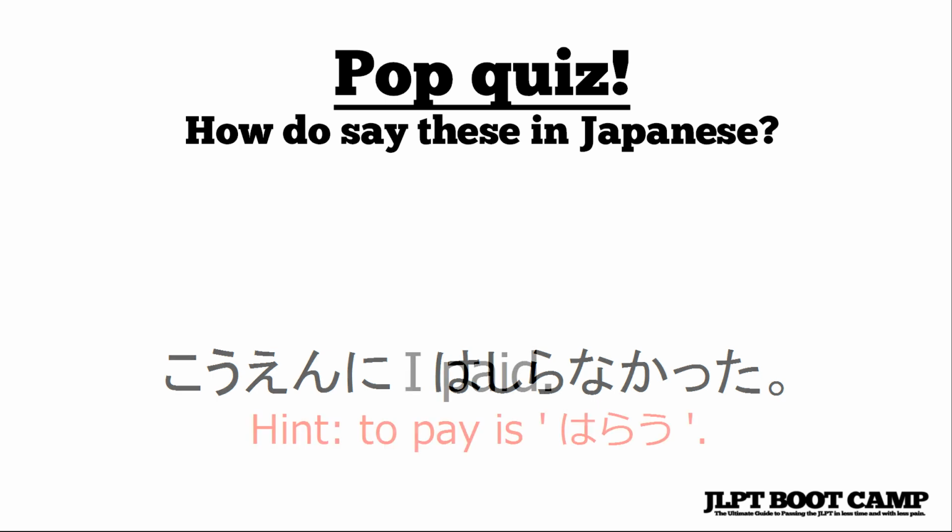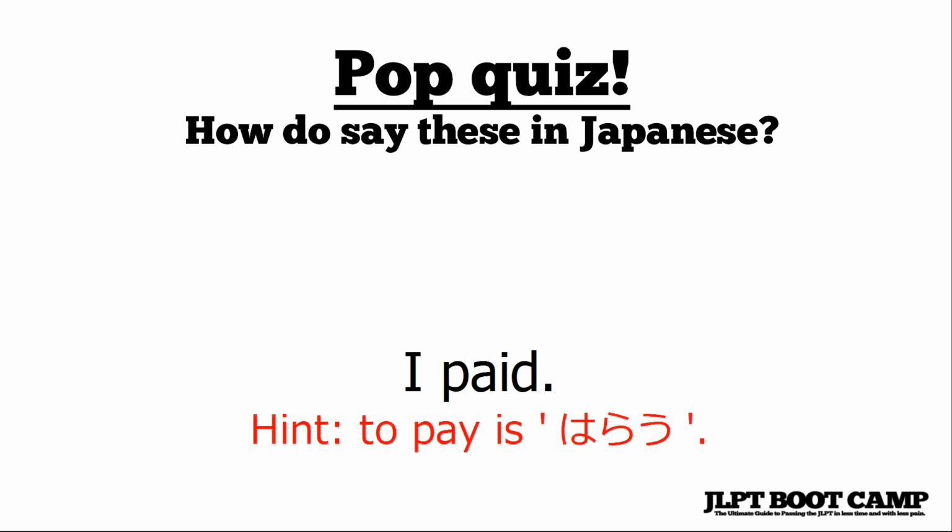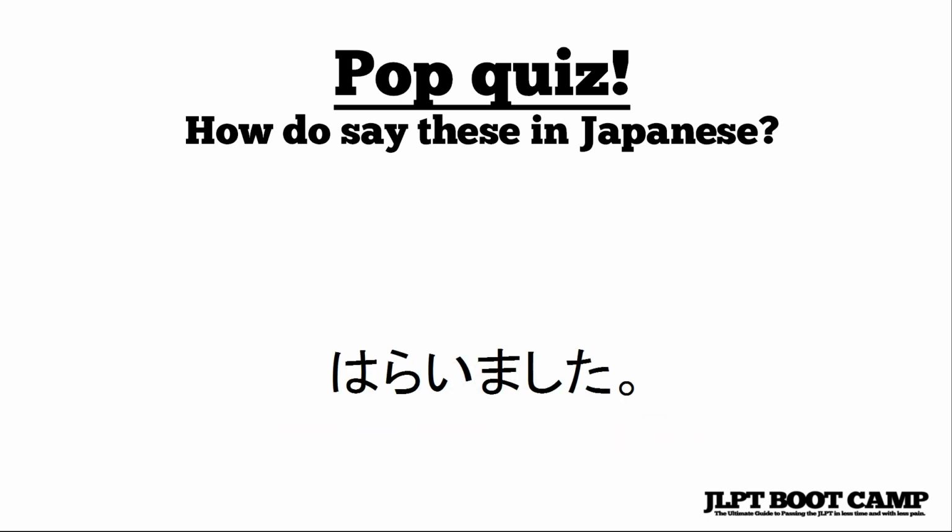Now, how about for the polite tense? Can you translate this phrase? I paid. And to pay is harau in Japanese. And in polite Japanese, that would be haraimashita. I paid. Again, the u, in this case, u becomes e.